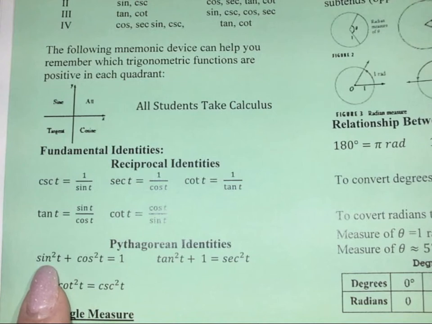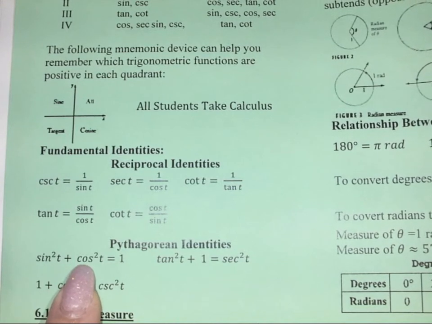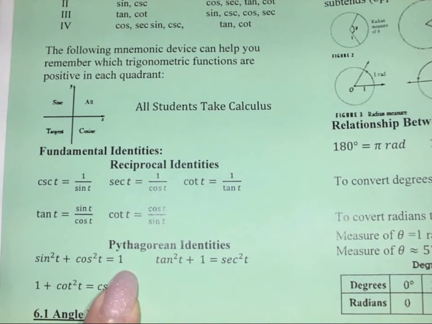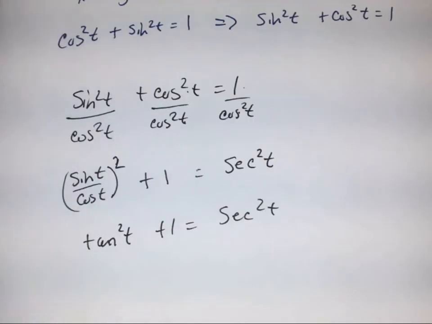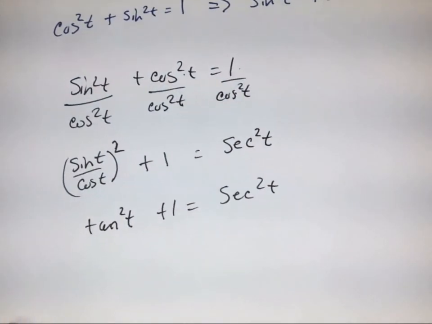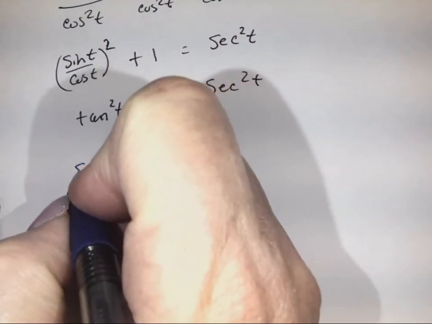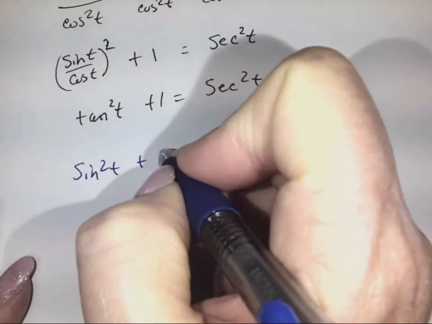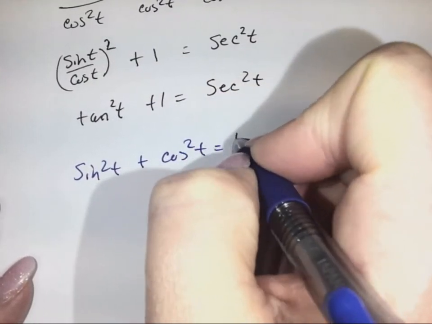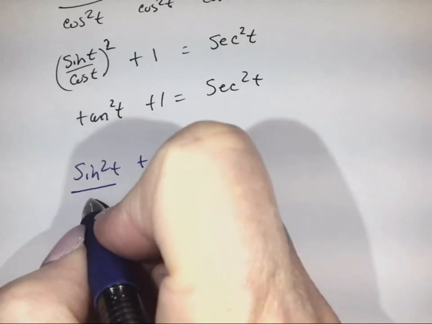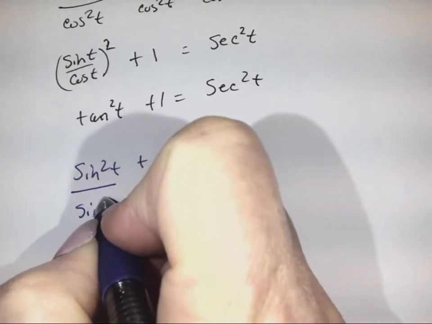So all we did was take sine squared plus cosine squared equal to 1 and divide by cosine squared. Now we're going to do something very similar. We take sine squared t plus cosine squared t equal to 1, and divide both sides by sine squared this time.